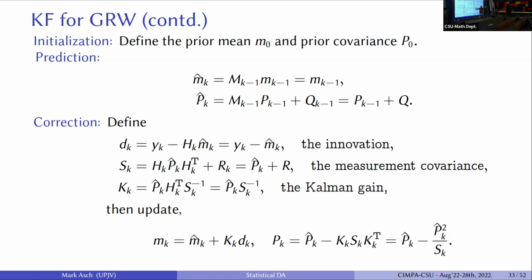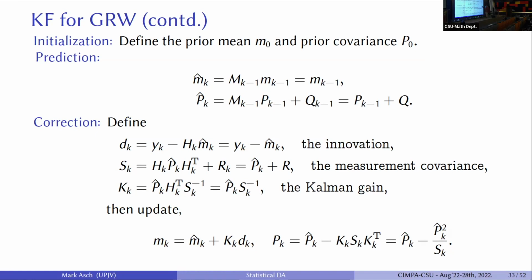Using the previous P_k and R_k, I get S_k, which is the denominator, and I multiply by the numerator, P_k H transpose. Since H equals 1, I just have P_k times S inverse. Then I update: m_k equals the previous value plus K_k times d_k.